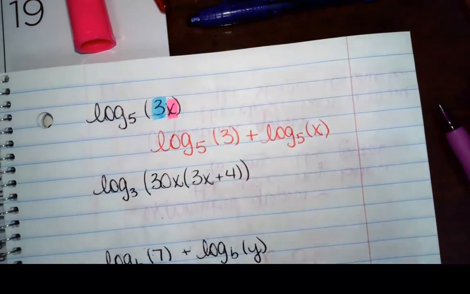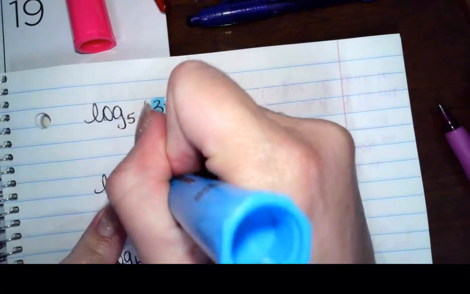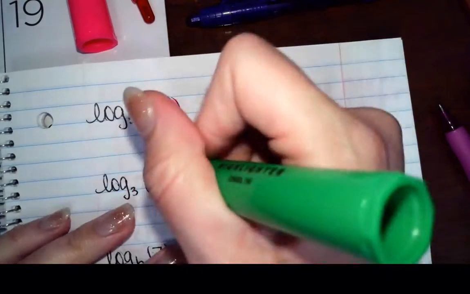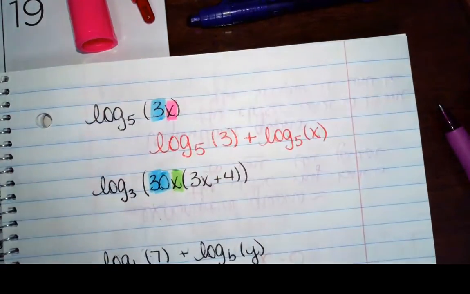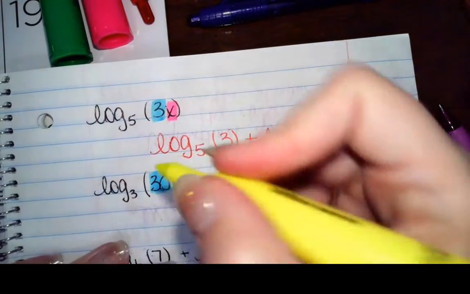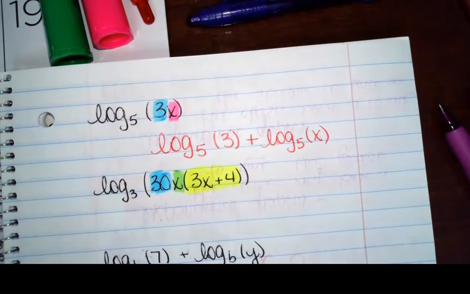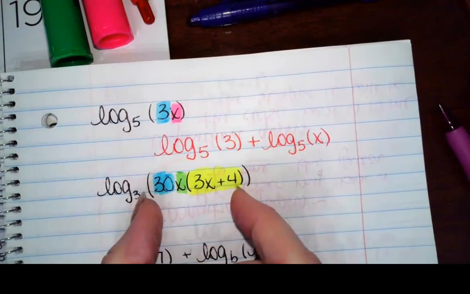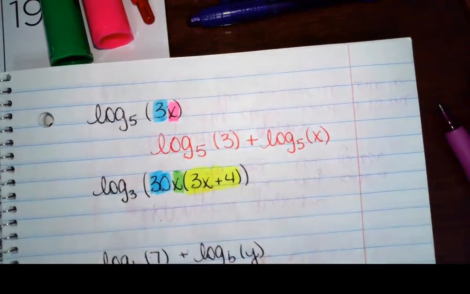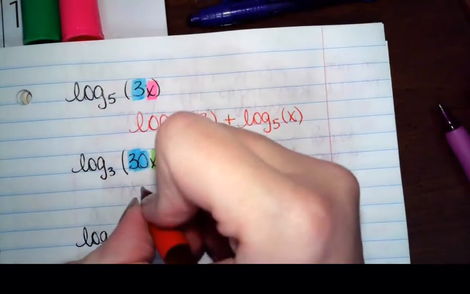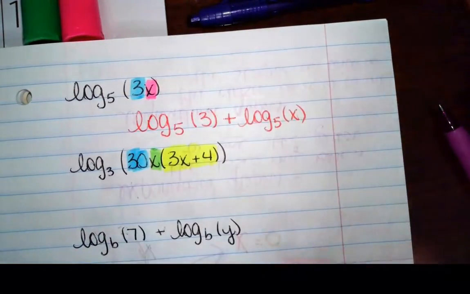Okay, so we're going to try it again. How many factors do I have? I have a 30 times an x times a 3x plus 4. Okay, so I've got three factors this time. So if it's connected by multiplication on the inside, I can connect it with addition on the outside. So I'm going to get three separate logs.